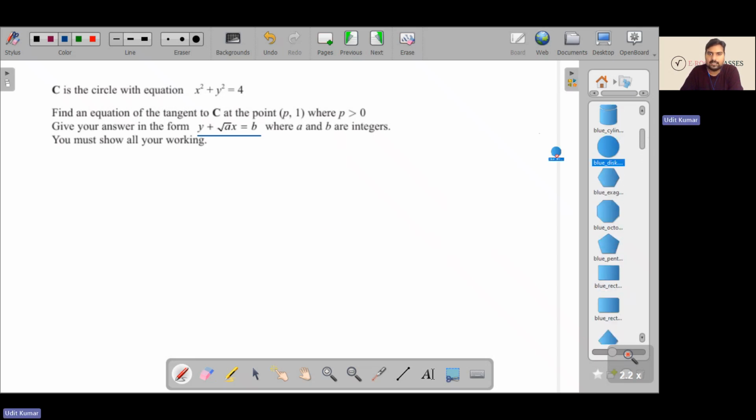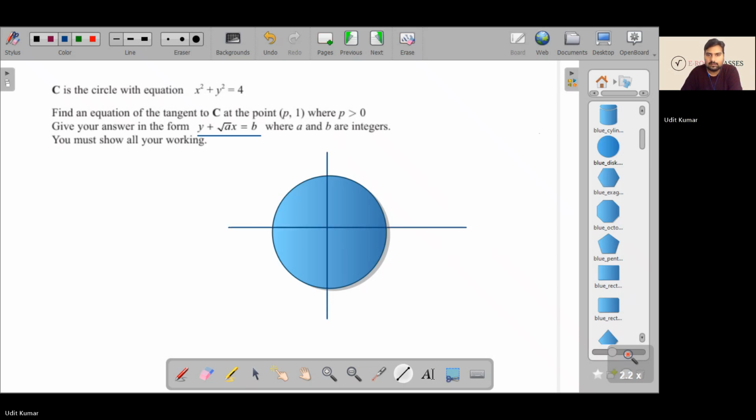Let's say you have a circle. Now, this circle has the center 0, 0, because the equation of a circle in this form, which is x squared plus y squared equals r squared, is with center 0, 0, right? And it is given that the tangent is drawn at point P, 1.